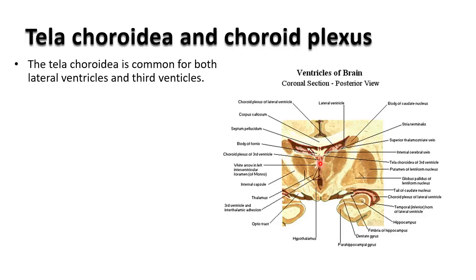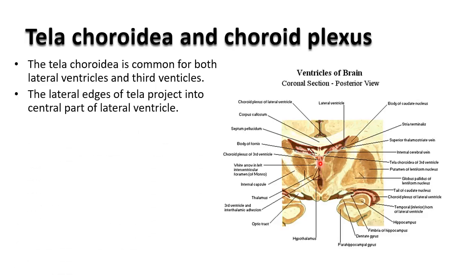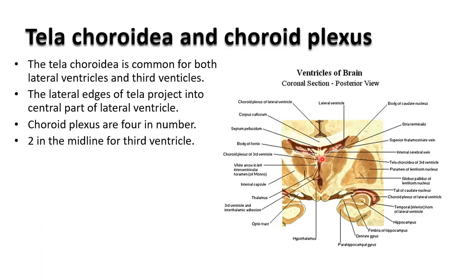The lateral edges project into the central part of the lateral ventricle, and you can see two horizontal and two vertical plexus. The midline part is mainly for the third ventricle. So four choroid plexus are to be seen.